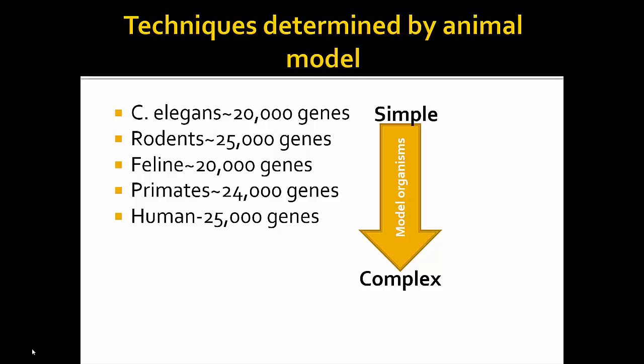So you can see here, you can go very simple, such as C. elegans. They have around 20,000 different genes, rodents, and then all the way down to humans. And you can go from simple to very complex models. And this will have a big say on what kind of assays you're going to do. So you're going to start off with examining your particular animal model of interest.